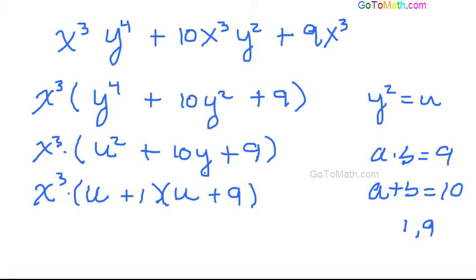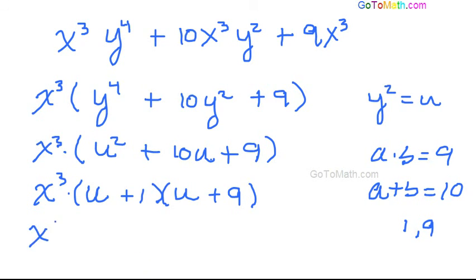What's going on here? Something, it's not major, but it should have been done there. Forgot to do that. 10u and then 1 times 9 is 9, right?